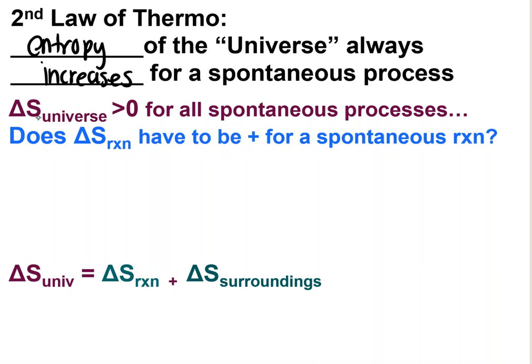What we mean is entropy increases, it may not increase for the substance you're looking at, but it has to increase for the universe. So not just the reaction, but for its surroundings as well, for all spontaneous processes. So the change in entropy for the universe has to be positive. So you might think, well, does entropy have to be positive for a reaction to be spontaneous? No.